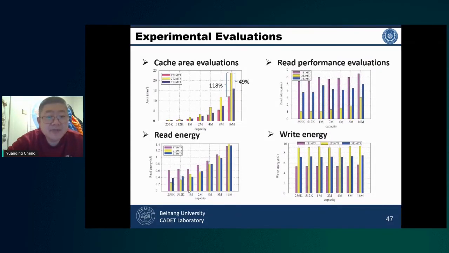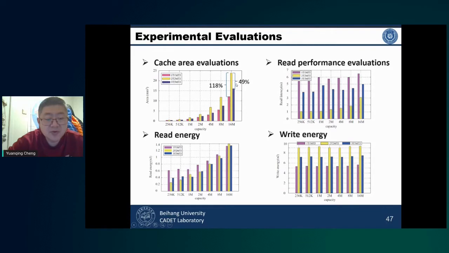And this is some experimental evaluations. We evaluate the cache areas and the read performance, read energy, and the write energy. For the 2T2MTG structure, it is larger than the 1T1MTG by more than 100%.